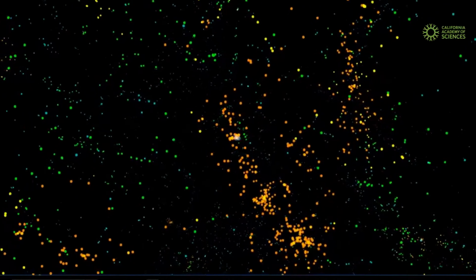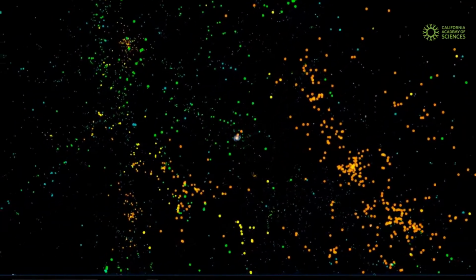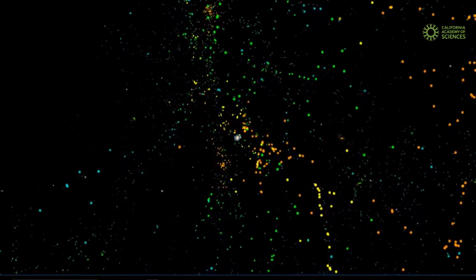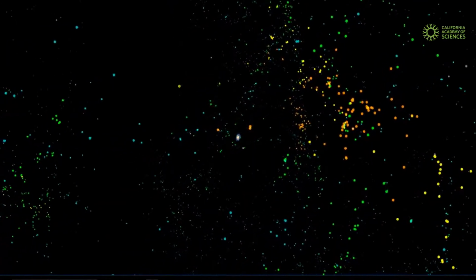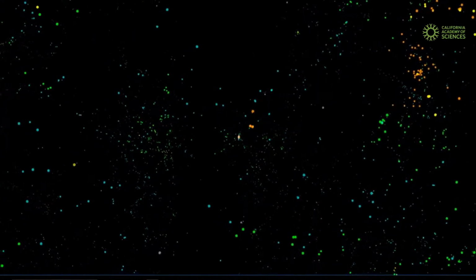Every spot you see on the dome here is no longer a star, but rather an entire galaxy. And this is based on actual data. These are the results of many, many surveys taken of the sky that show where the galaxies are located. So this is all the real thing.